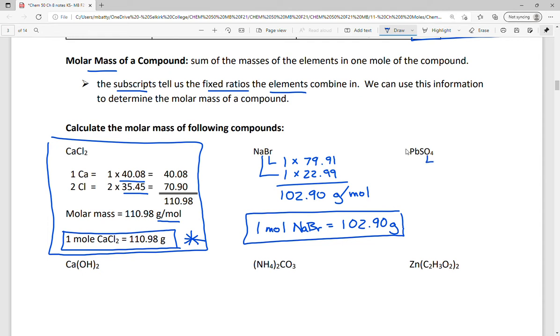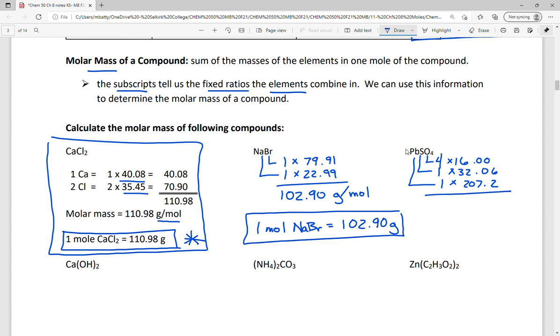So this lead 2 sulfate would be 4 parts oxygen, so 4 times 16.00, that's pulled right off the periodic table, and 1 part sulfur, molar mass of 32.06, and lead, 1 of them at 207.2.